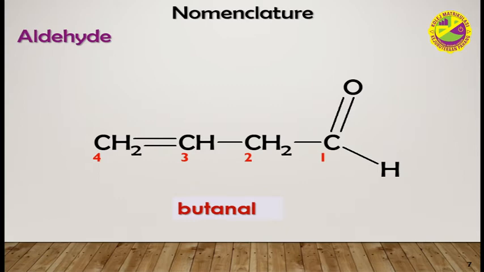And if we look at the structure, we have double bond at carbon 3. So the name will change into 3-butenal. Butenal means there is double bond at carbon 3.